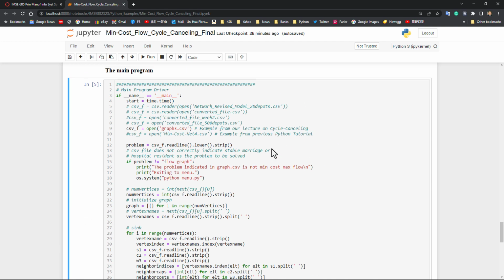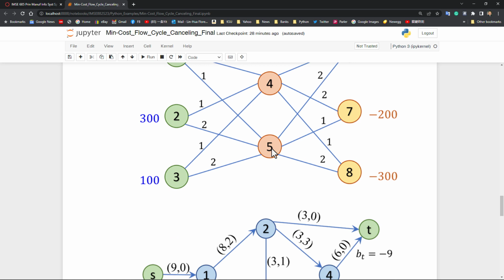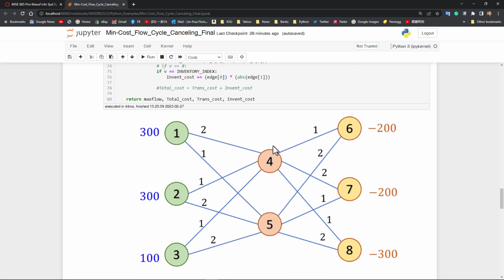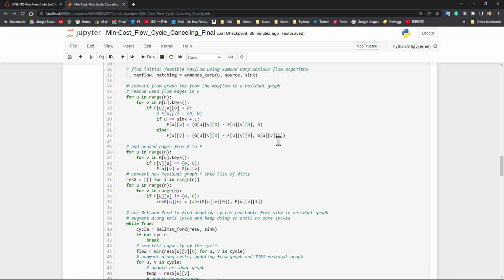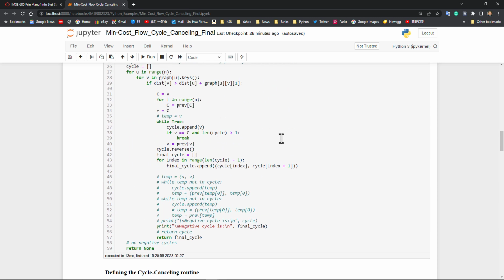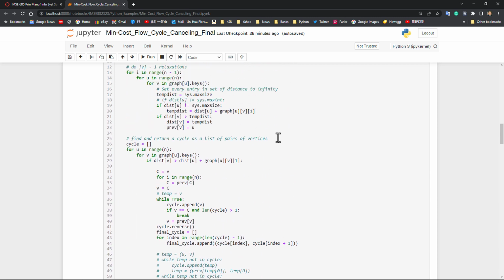I'm using 2 examples to demonstrate the correctness of this minimum cost flow cycle canceling algorithm. And pretty much we illustrated all 3 algorithms in the Python implementation. Hopefully this will help you understand the algorithm we presented in the lecture.